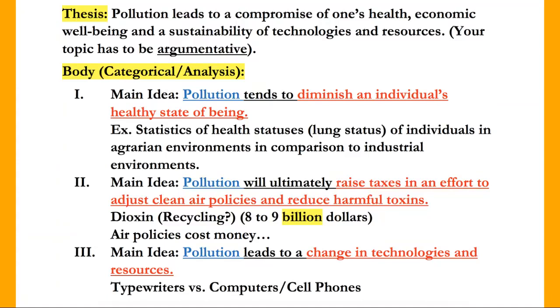So, for example, the first category, pollution tends to diminish an individual's healthy state of being. It's category one. So, in that paragraph, I'm going to illustrate the relationship between pollution and health implications. Second category, pollution will ultimately raise taxes in an effort to adjust clean air policies and reduce harmful toxins.